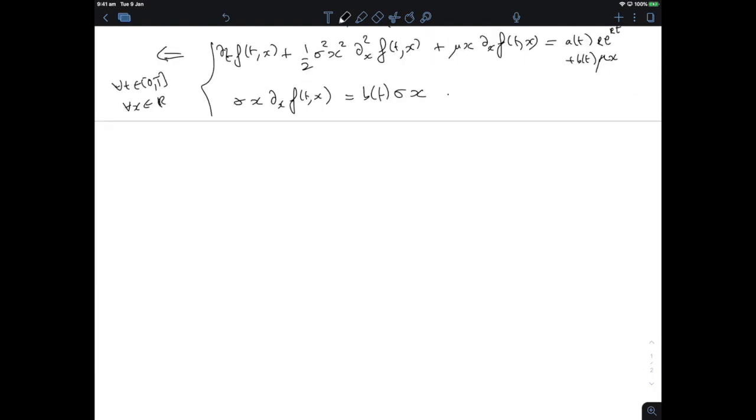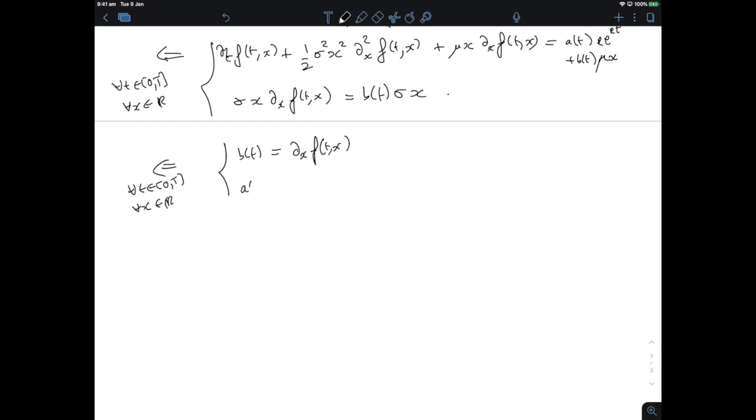Okay, so let's have a look at what the system of PDEs is telling us. First of all, B_t should be the x derivative of f(t,x). Again, that's for every t and for every x. That would work if I choose B_t in that way.